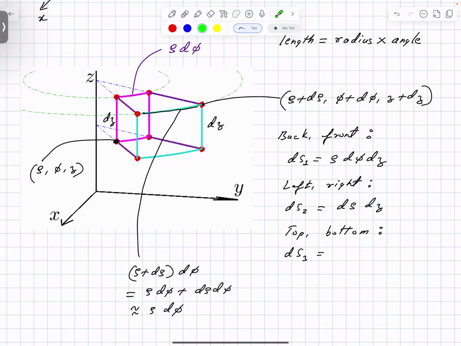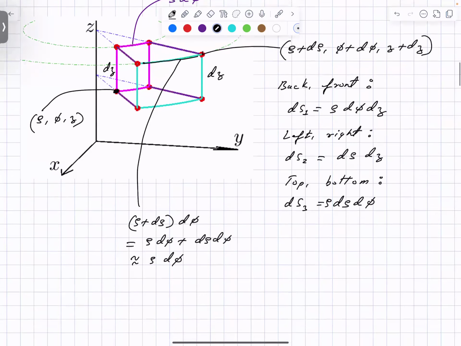So multiplying that, we have d rho times rho d phi. Any question? So these are differential surfaces.